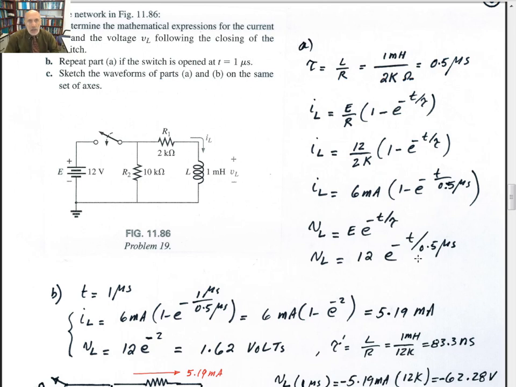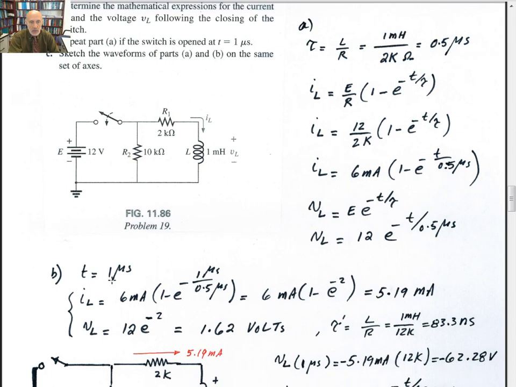Part B, it says, repeat part A, if the switch is open at time t equal to 1 microsecond. Well, this is a 0.5 microsecond time constant, so after 2 time constants we have not reached the steady state yet, but you open the switch, so you have some initial current here that we need to calculate. So t equal to 1 microsecond, just plug into the equation here, it'd be 6 milliamps times 1 minus e to the minus 2, that's 2 time constants.